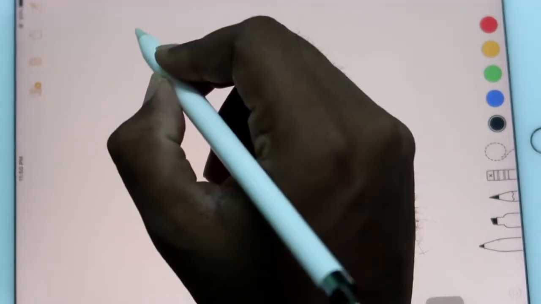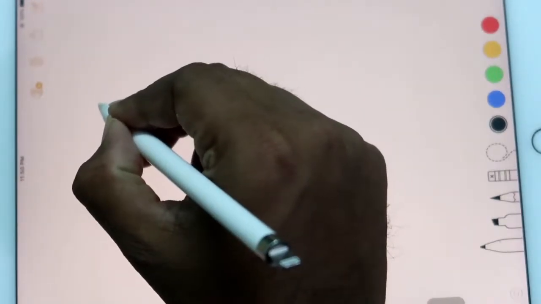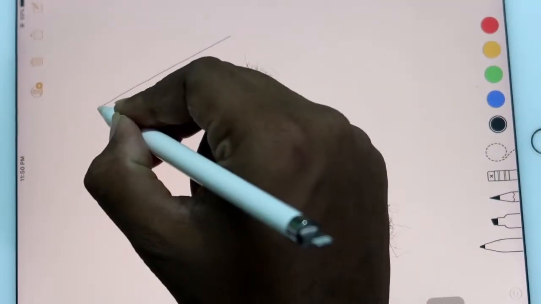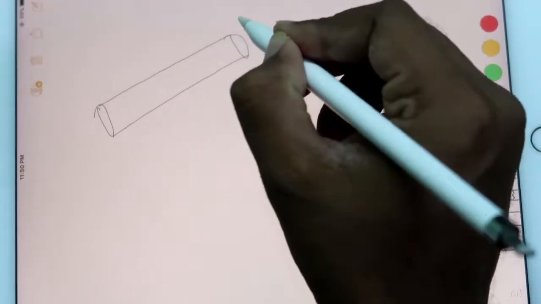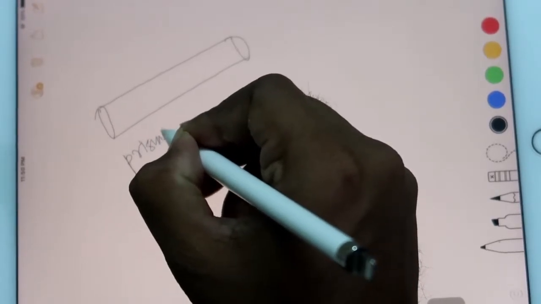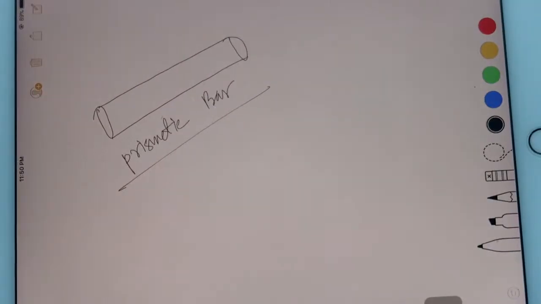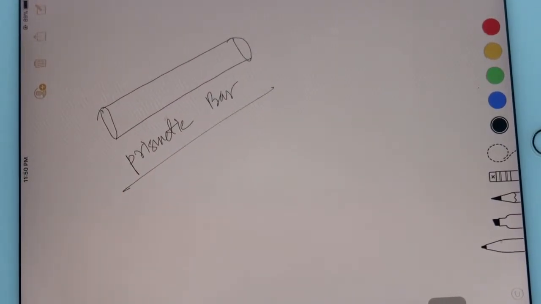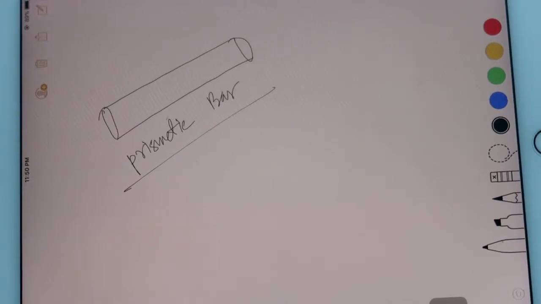For understanding normal stress, first we have to draw a prismatic bar. So basically this is a prismatic bar. This is a bar, but what is prismatic?